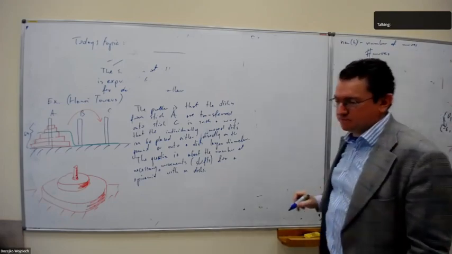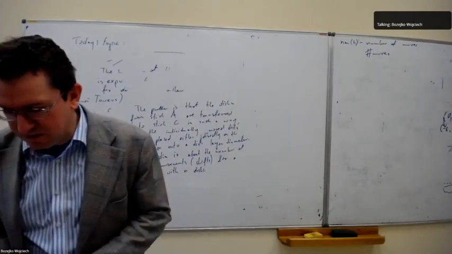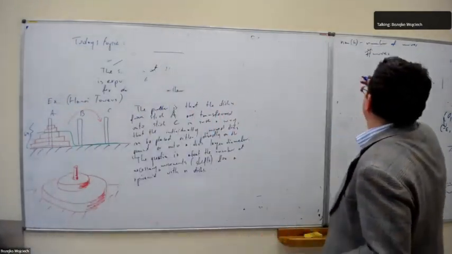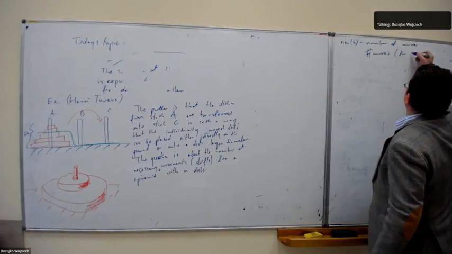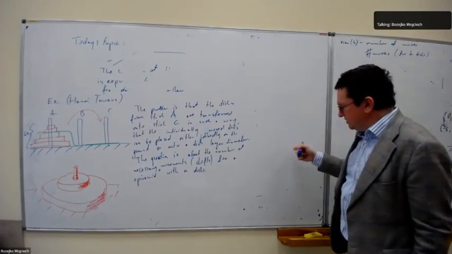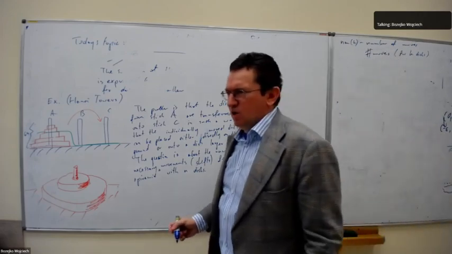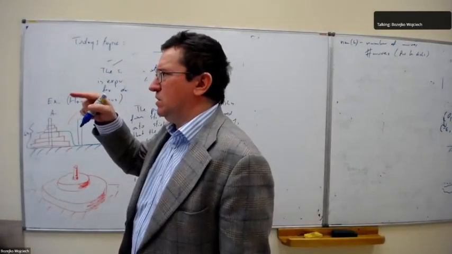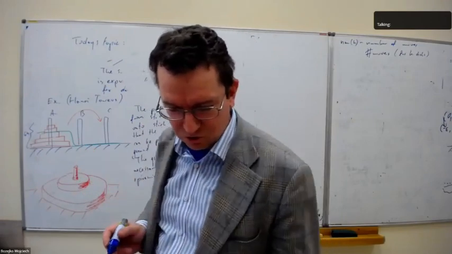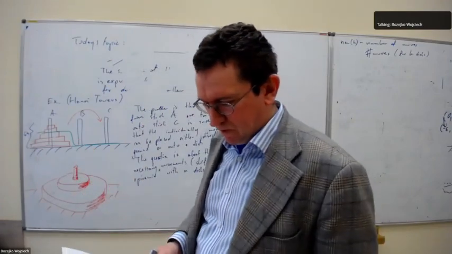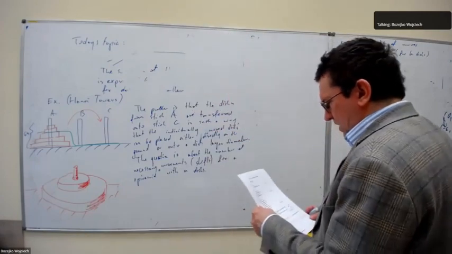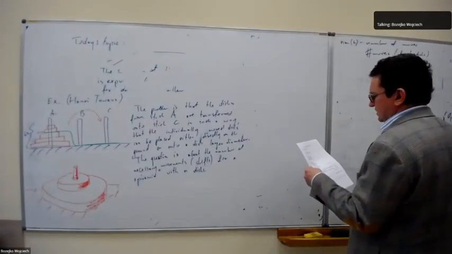Such a notation means the number of moves for K disks. As we have seen before, we need 1, 2, 3 moves to solve the problem with n equal to 2, but we can also describe it for smaller sizes.